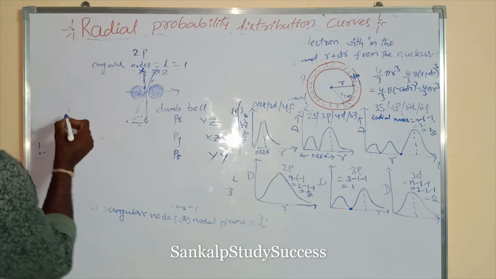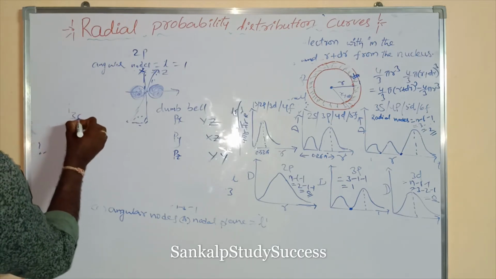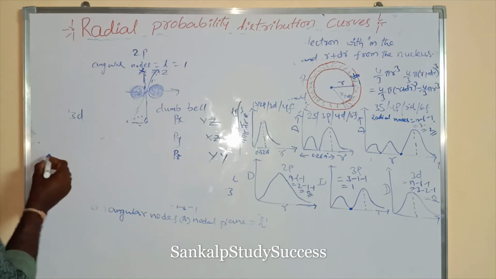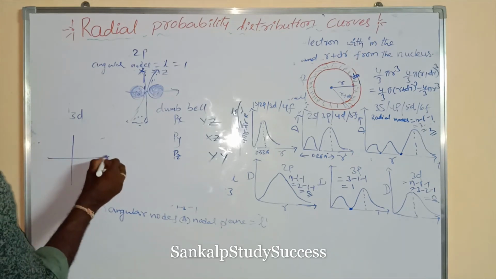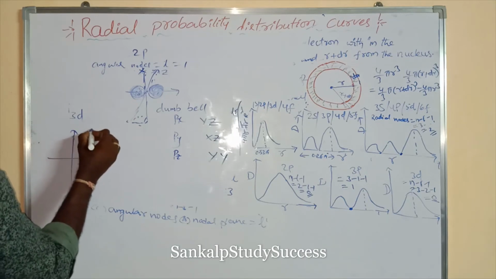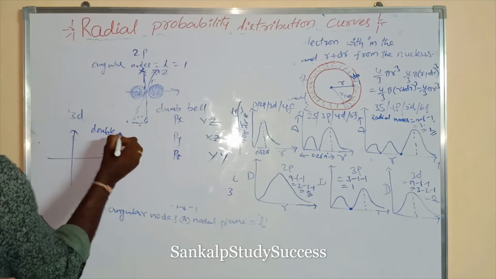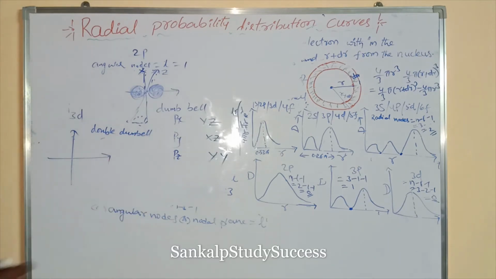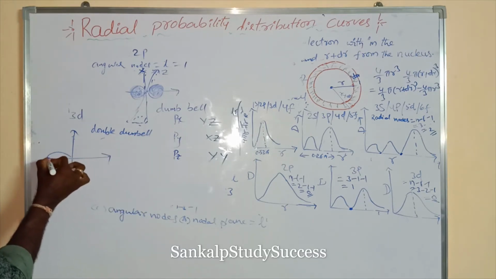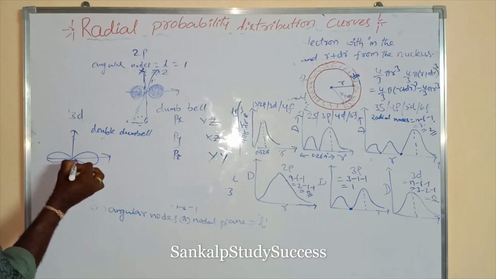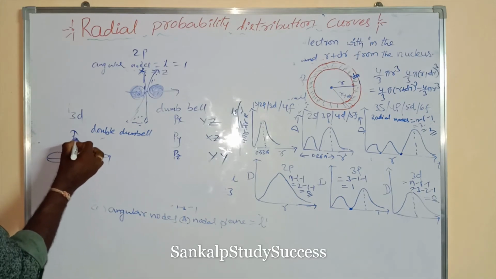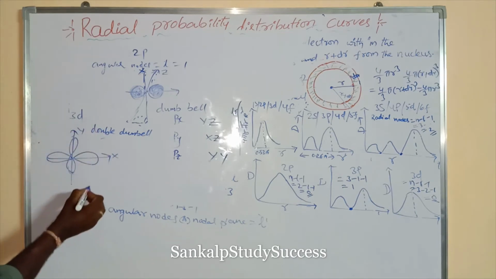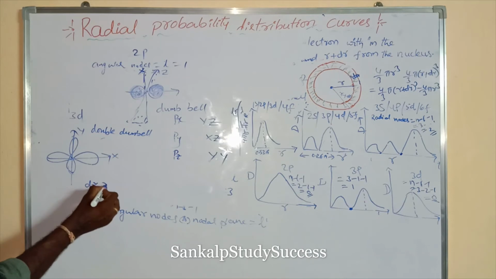If we take a d orbital, the d orbital is a double dumbbell. What is the shape? Double dumbbell. Suppose this is x axis, this is y axis, like dx square minus y square.